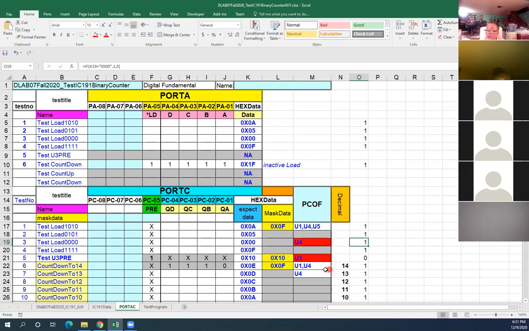So basically I need to correct something. You need to correct the peak offs only. Right, that's the only thing. So we want that to be 0800, and U4 only.